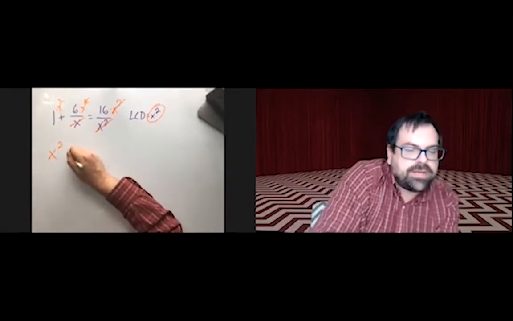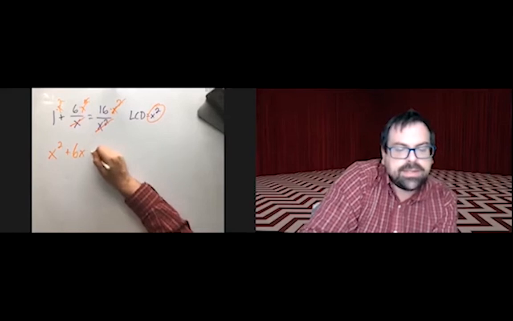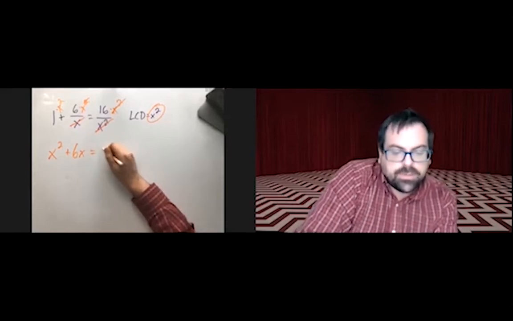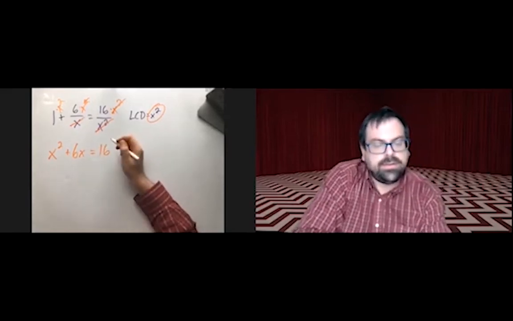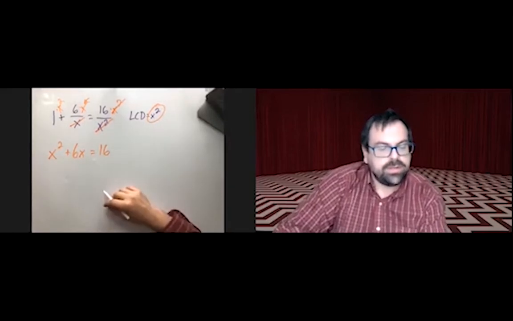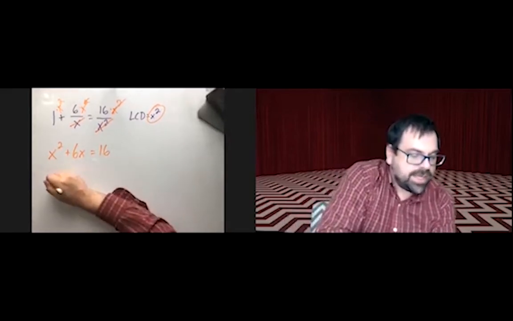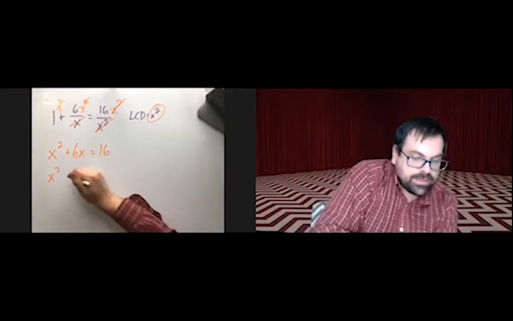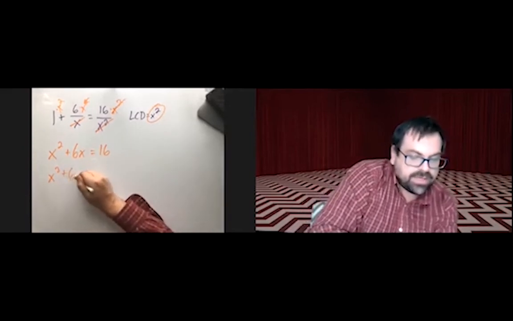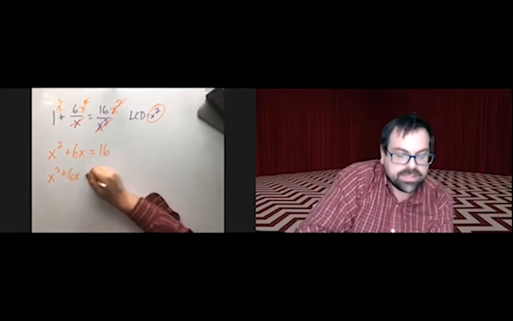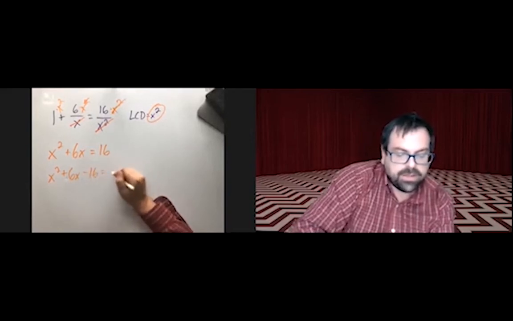We have x squared plus 6x equals 16. It's a quadratic equation. Everything on one side, 0 on the other. Factor if we can and solve, otherwise use the quadratic formula.